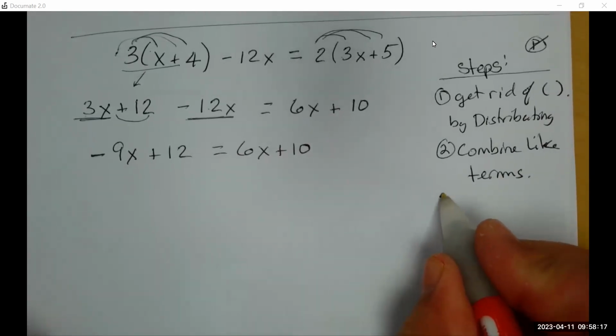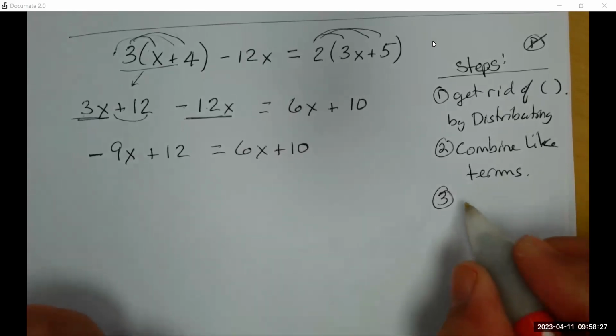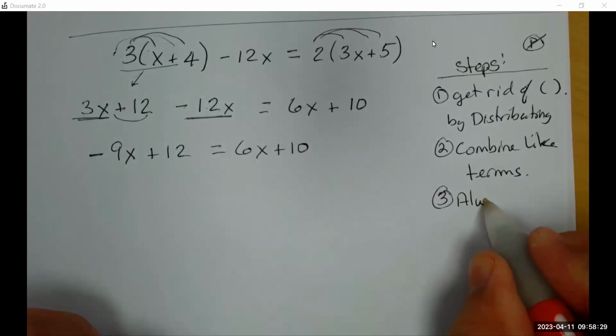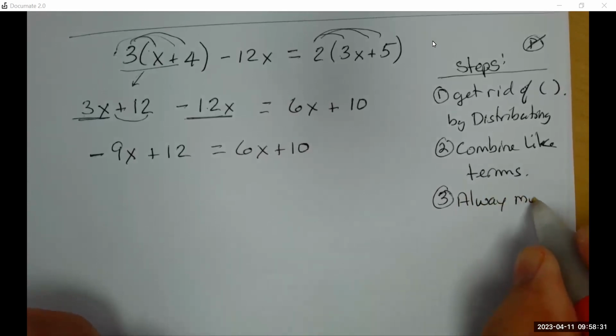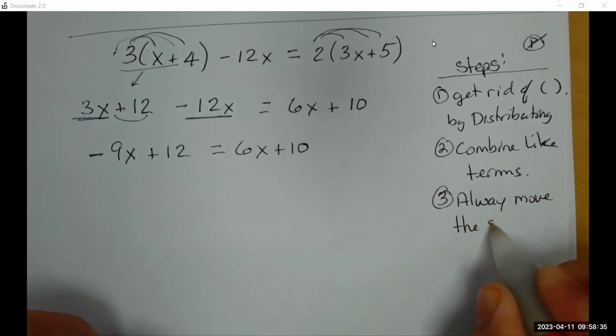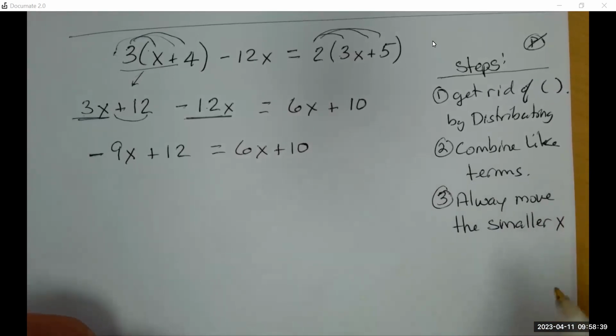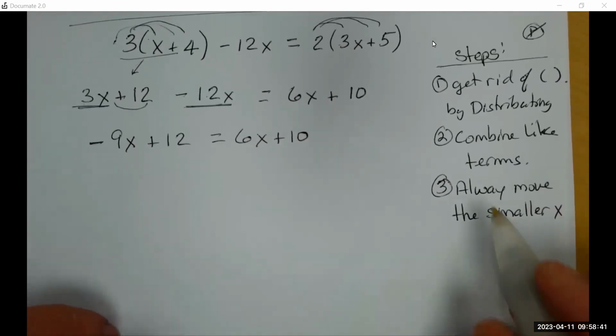What do you do next? Remember, always move the x's first. Don't worry about the numbers. Always move the x's first. Which one do you move? Why? But you're right, it is -9.